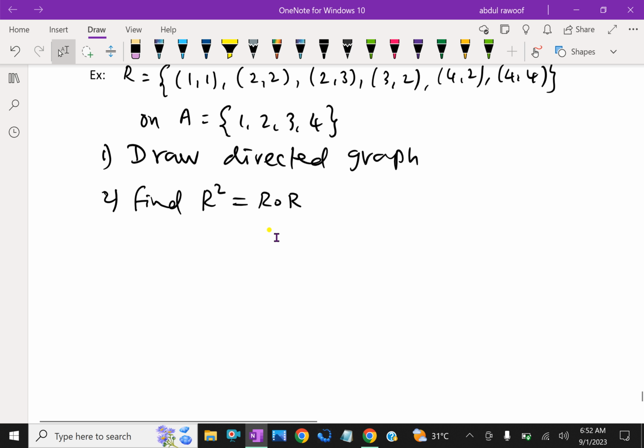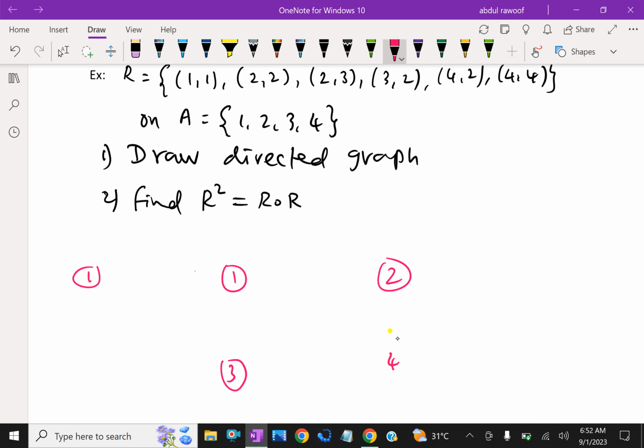Now put all the elements here: 1, 2, 3, 4.